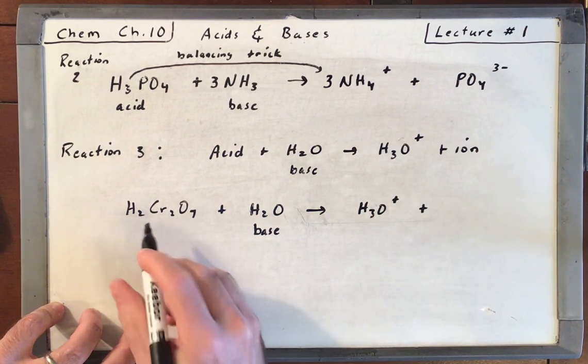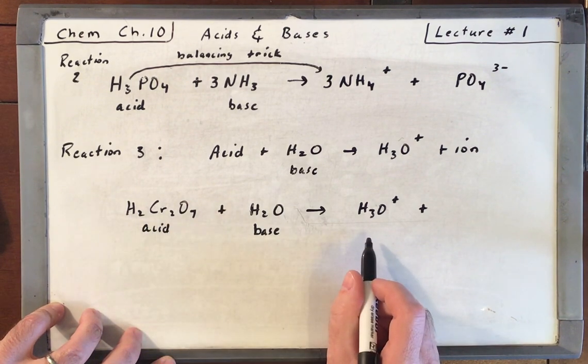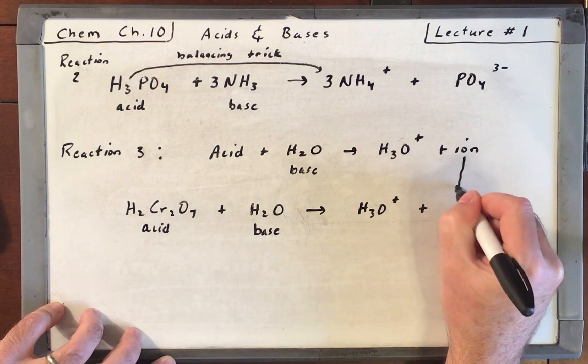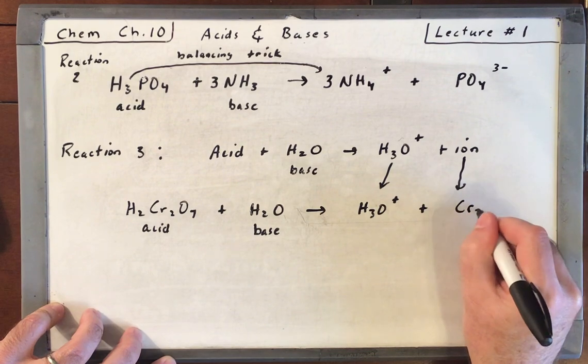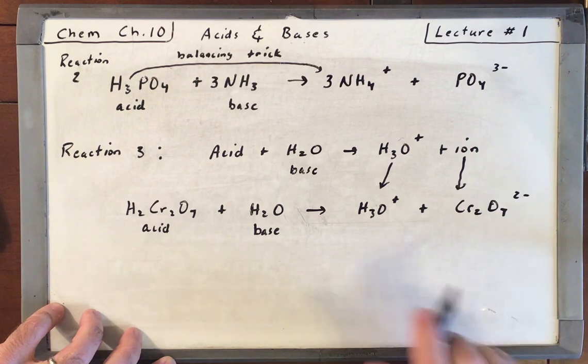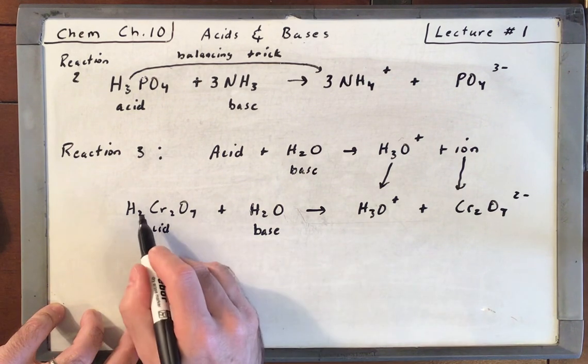Water is the base. It's going to make H3O. So this acid gives up hydrogens. So what's left is the ion. Okay, this ion, so we have H3O. This ion is Cr2O7, and its charge is 2 minus. You have to put the charges in these reactions. Now we can use our balancing trick here.